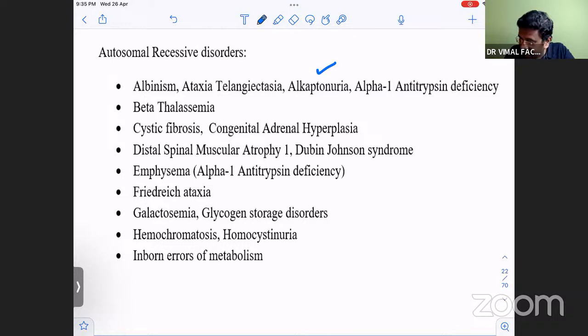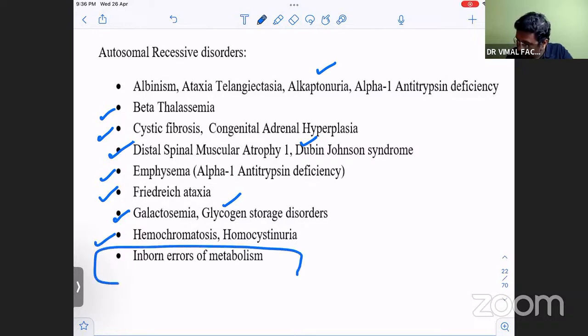Then beta thalassemia, cystic fibrosis, congenital adrenal hyperplasia, then distal spinal muscular atrophy, Dubin-Johnson, emphysema, that is alpha-1 antitrypsin deficiency, Friedreich ataxia, galactosemia, glycogen storage, hemochromatosis, homocystinuria. And remember, inborn errors of metabolism and most of the lysosomal storage disorders, that is enzyme deficiency, are autosomal recessive disorders.